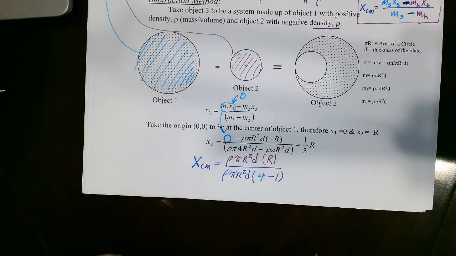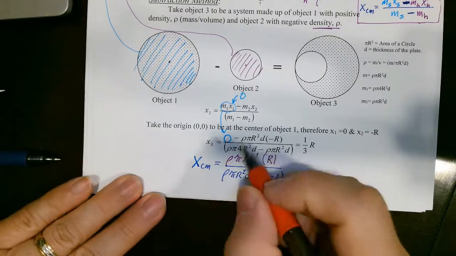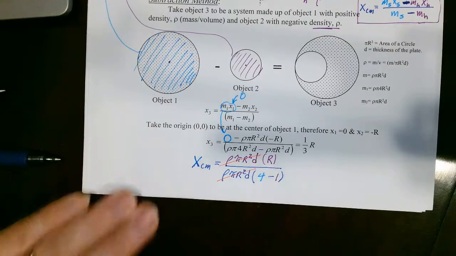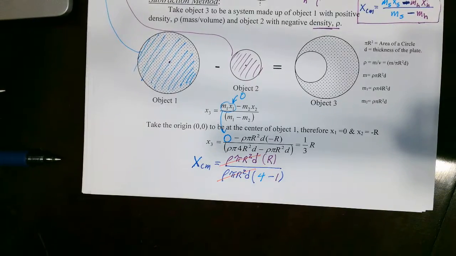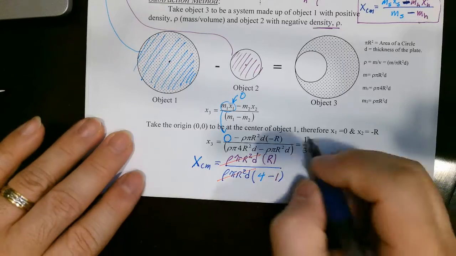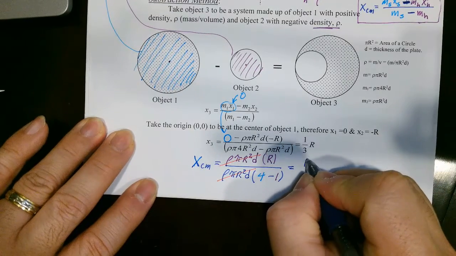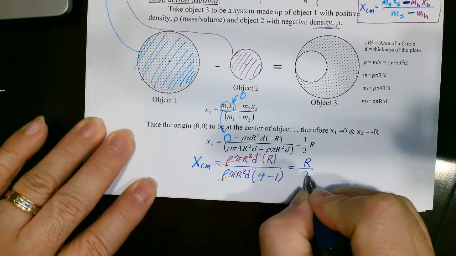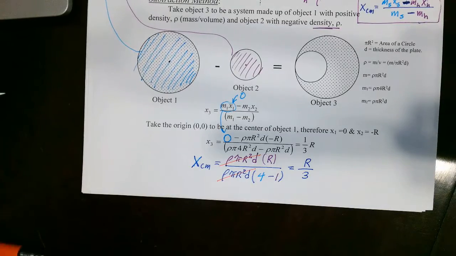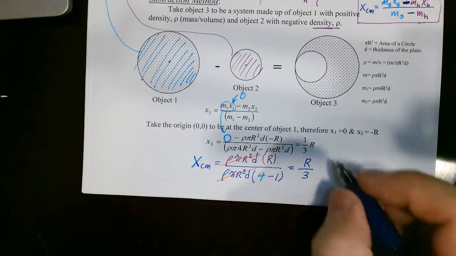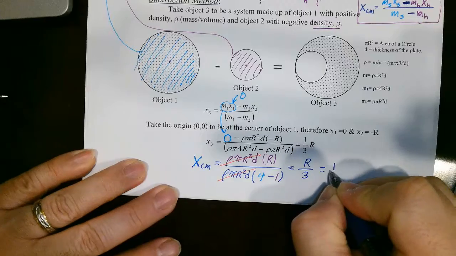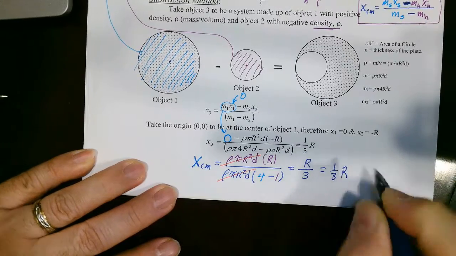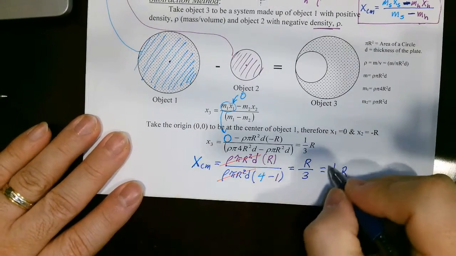Boom. So this rho pi r squared d can be canceled out to 1. So what do I have left? I have r over 3 left over. That means my x sub cm is just 1/3 r in the positive direction.